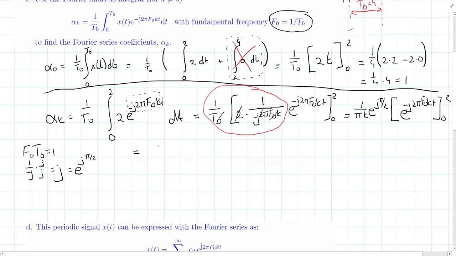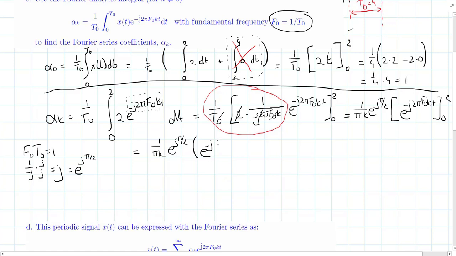If you now were to fill these values in, 1 over pi k e to the power j pi over 2, you would end up with, if we would fill in the value of 2 for t, we would have 4 pi k minus j 4 pi k times our fundamental frequency, which is 1 over 4, so these would cancel each other out.